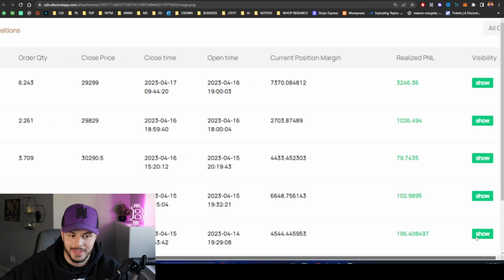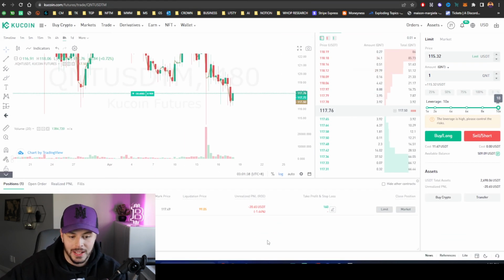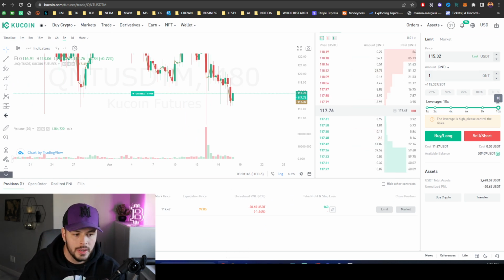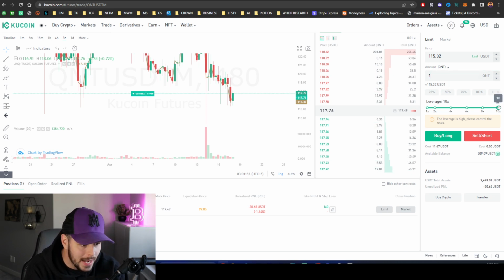There are risks. This is where it gets risky, right? Leverage trading, you can get liquidated. If you get liquidated, you lose that entire amount of money. You'd lose $1,000 in this example. So let's do a real example, 1 quant on 10x leverage.